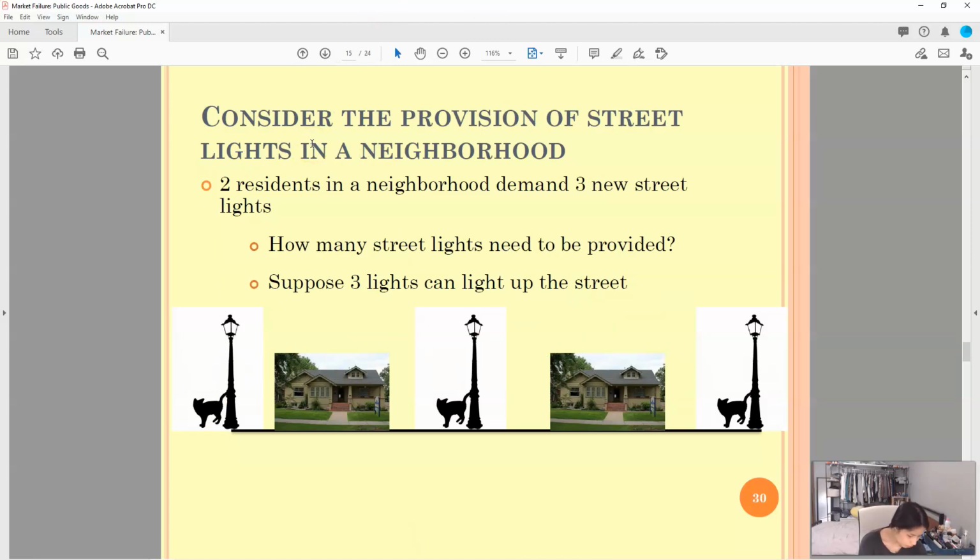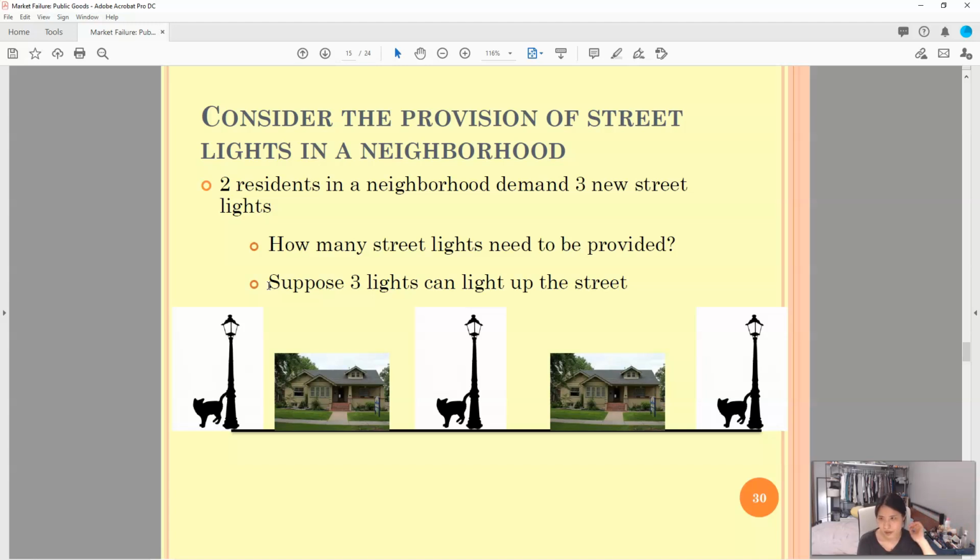And think about another public good, street light. Suppose there are 2 residents in a neighborhood who demand 3 new street lights, and suppose 3 street lights can light up the street. So how many street lights need to be provided?